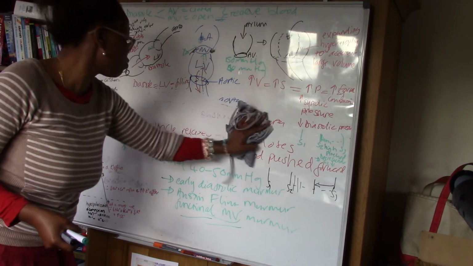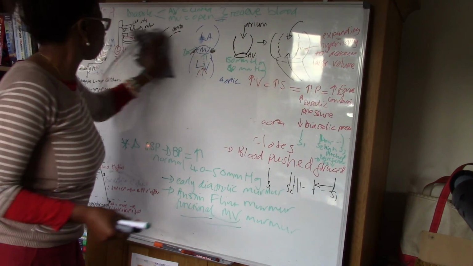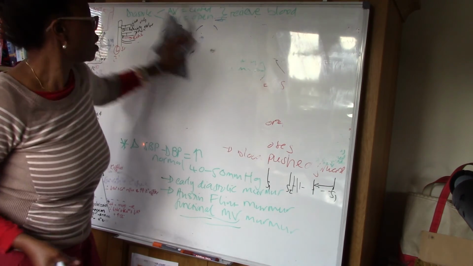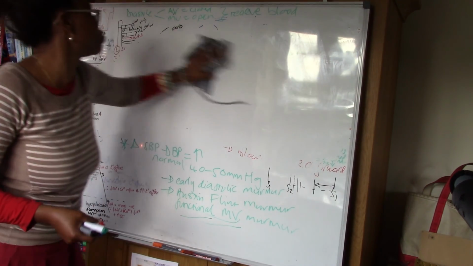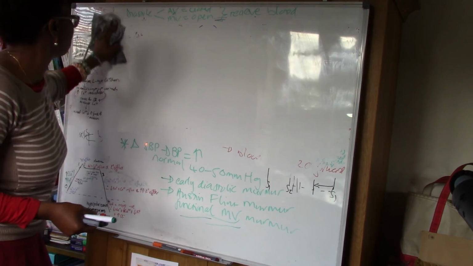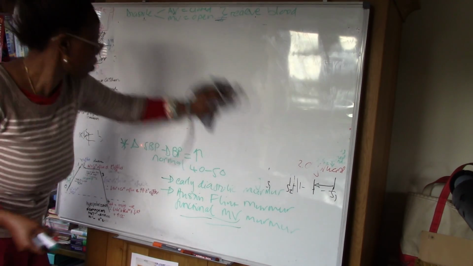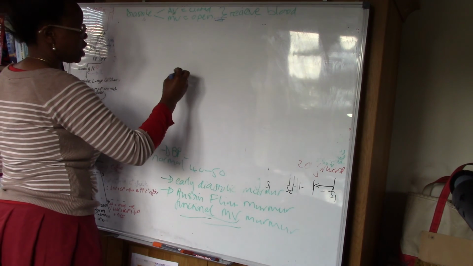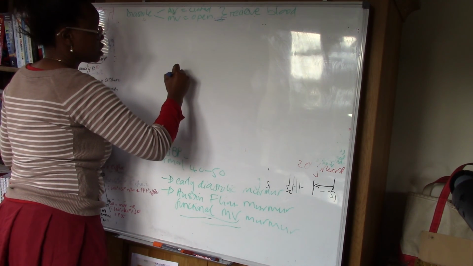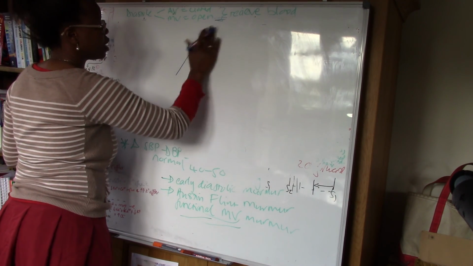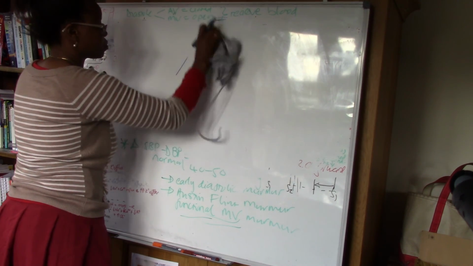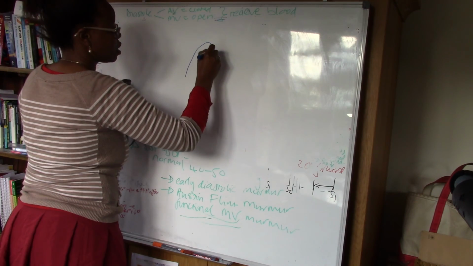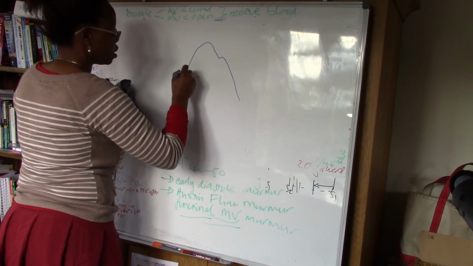In terms of looking at the aortic pressures, the aortic pressure in systole is something like this, and then there's that kinking.